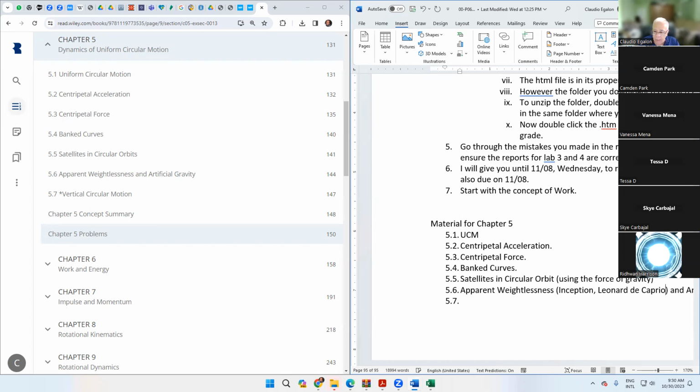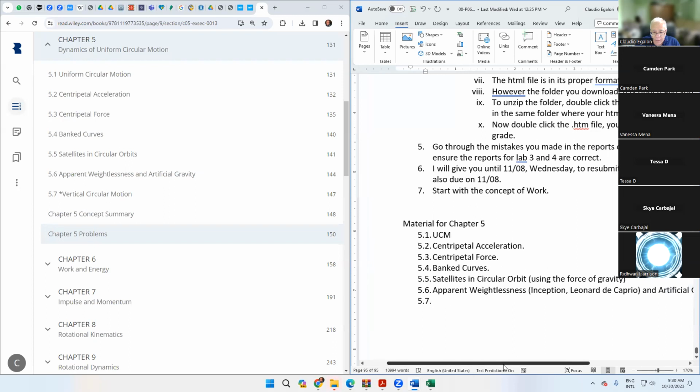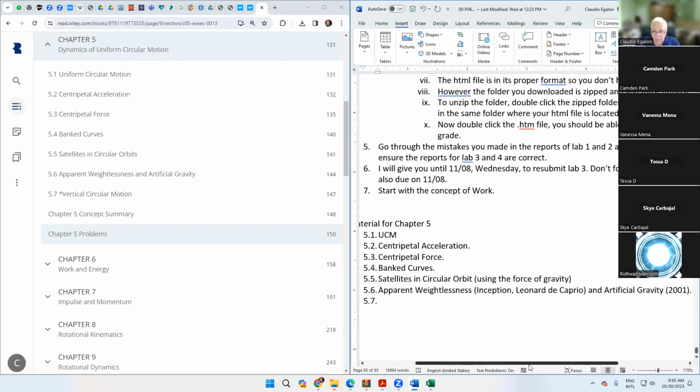I liked how they did those apparent weightlessness scenes, not just apparent weightlessness scenes, but the scenes in which they accelerated the elevator as well by putting some charges in the elevator, in case that you have watched the movie. It's really, really impressive the work that they did in Inception. I really like that movie. And then we have vertical circular motion.